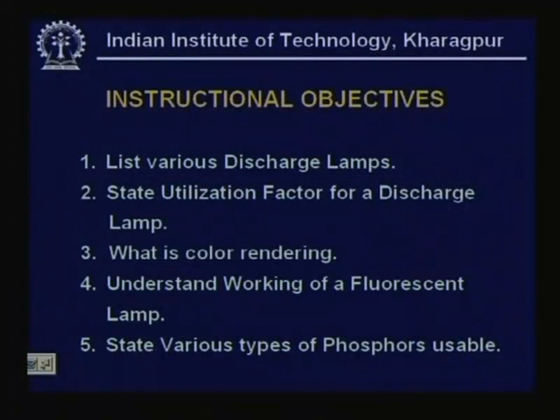Now the idea of a fluorescent lamp is to capture the radiation in that zone, and with the help of suitable fluorescent materials re-radiate in the visible zone. This is the phenomenon of fluorescence. And of course, the materials employed to do the process of fluorescence are called phosphors. So the last objective of the lecture would be stating the various types of phosphors that can be used.